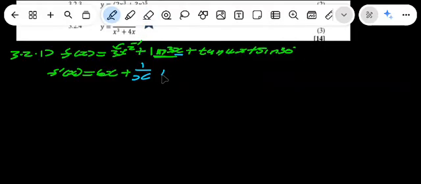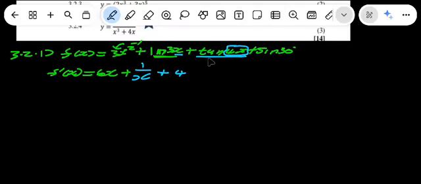Plus now we have tan 4x. We use the chain rule. You multiply by the derivative of the argument. The derivative of 4x is simply 4.